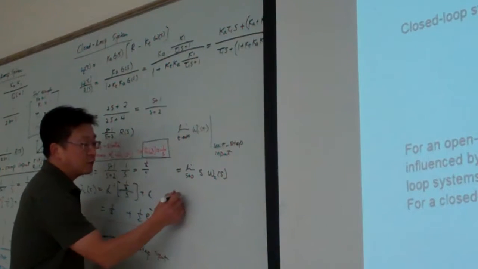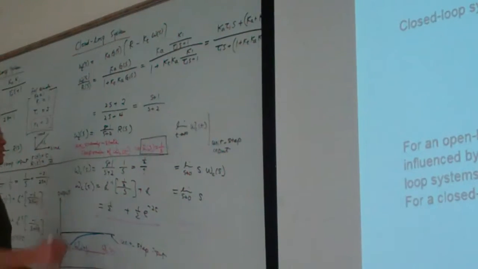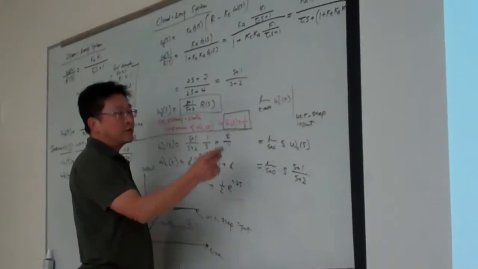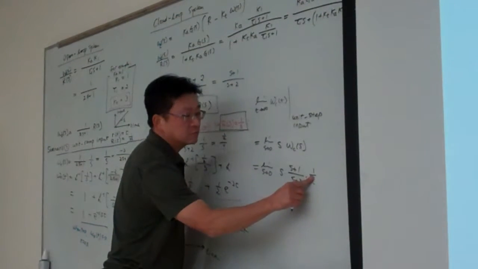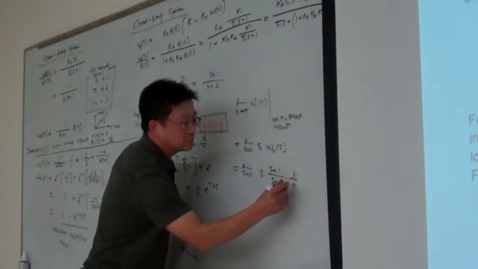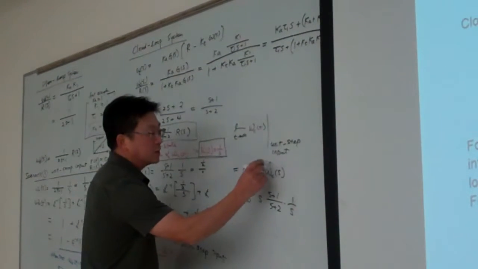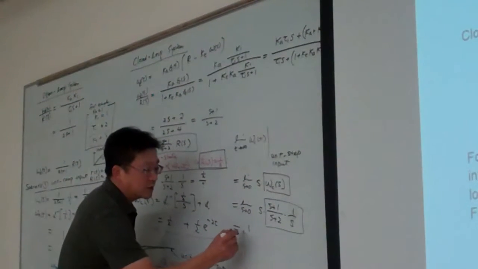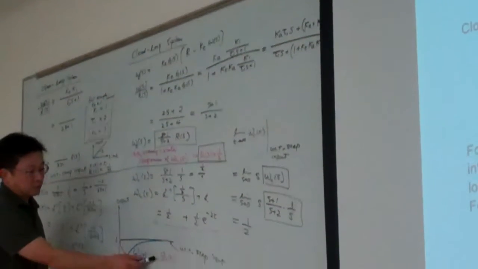Okay, so that one we do the calculation as s approaches 0. Omega c(s) we simply plug in here as s+1 over s+2, and R(s) is 1/s here. Okay, this one equals this one. So now we can quickly do the calculation. This is 1/2, and that is what we got here.